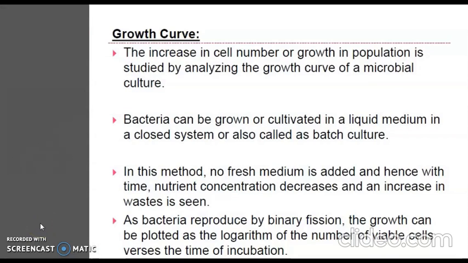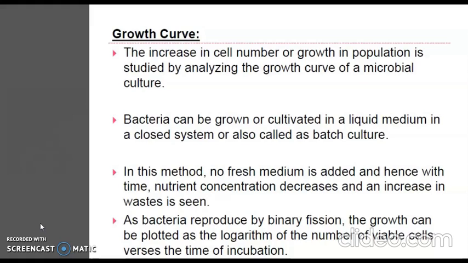Growth curve. The increase in cell number or growth in population is studied by analyzing the growth curve of a microbial culture. Bacteria can be grown or cultivated in a liquid medium in a closed system, also called a batch culture. In this method, no fresh medium is added and hence with time, the nutrient concentrations will be getting depleted and an increase in waste is observed.